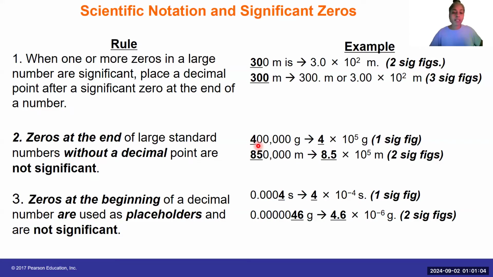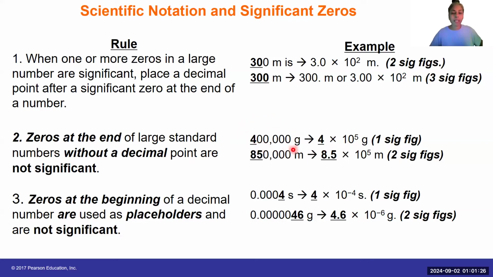And being that this number is larger than 1, and we moved our decimal place to the left, I'm going to have 4 times 10 to the positive 5. Because if I multiply 4 times 10 to the positive 5, I'm going to get 400,000.